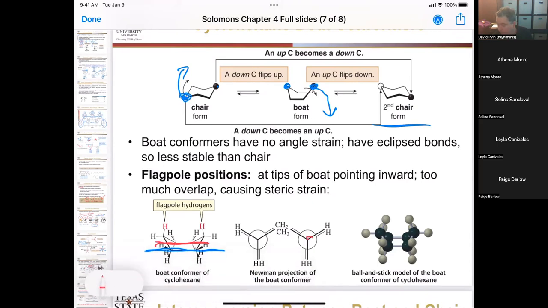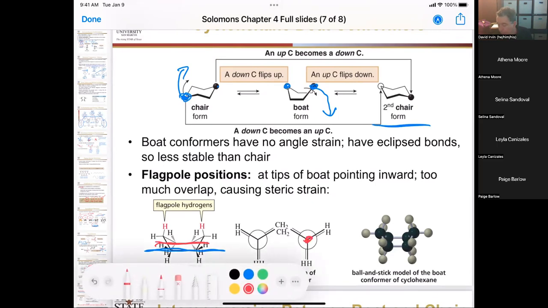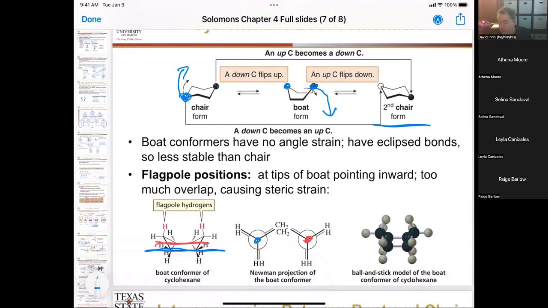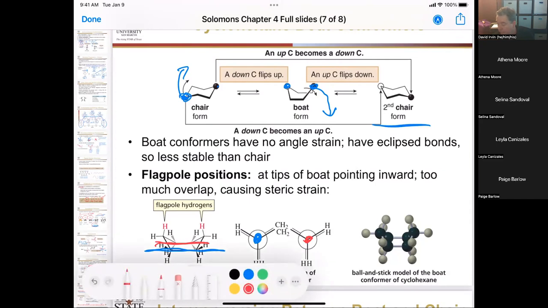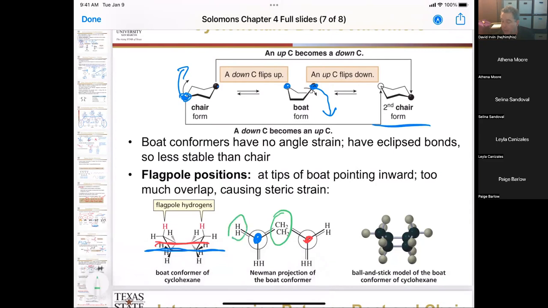So I'm going to say this is the one in the back, and this is the one in the front. Okay, so we've taken that boat position, we've rotated it 90 degrees, and we're looking down the blue axis here and the red axis here. We see that both of the CH2s are eclipsed. The hydrogens are all eclipsed.